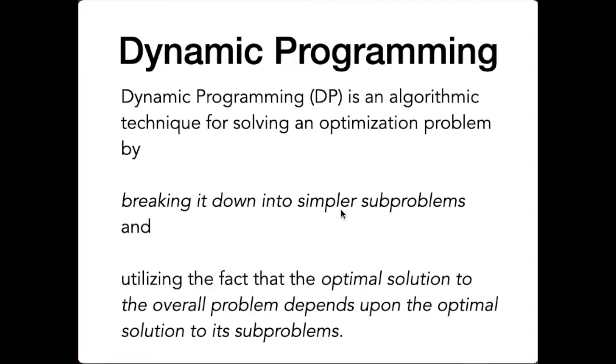So again, if we try to dissect the definition, it has 2 different concepts. The first one is the breaking down of one problem into simpler subproblems. And the second one is the fact that the optimal solution to the overall problem depends upon the optimal solution to its subproblems.